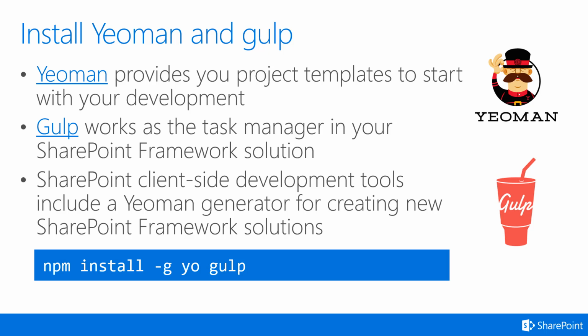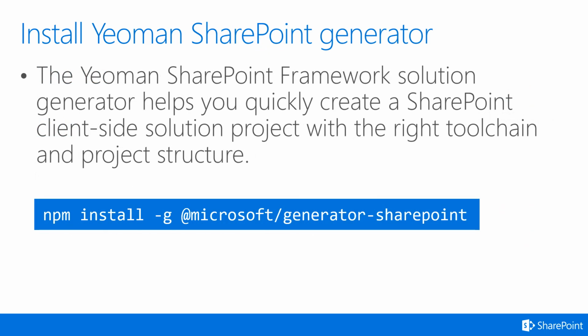SharePoint client-side development tools include a Yeoman generator for creating new SharePoint Framework solutions. After installing Yo and Gulp, that's exactly what we need to install next. So running npm install with -g will ensure that you are installing this SharePoint generator globally within your machine. This is, however, a slightly debatable approach.